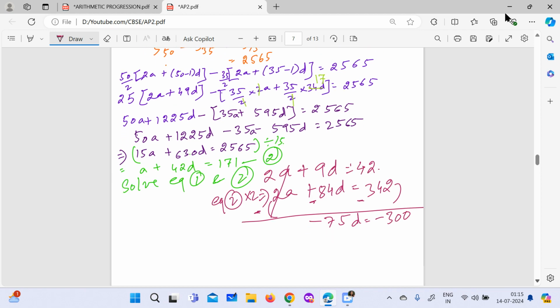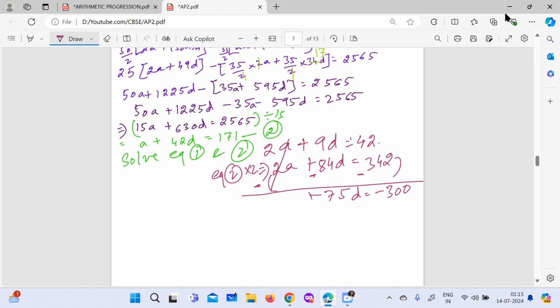Minus minus gets cancelled, so d equals 300 over 75, which is 4. So we got the value of d as 4.